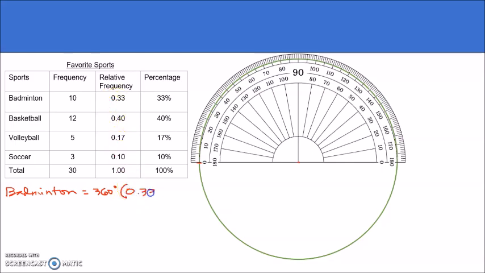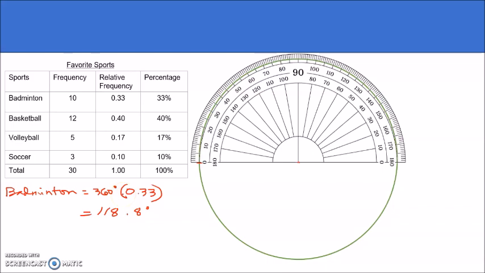That's 0.33. Okay? And multiplying that, that's 360 degrees times 0.33. And so you have 118.8 degrees. Okay, 118.8 degrees. Saan banda yan?